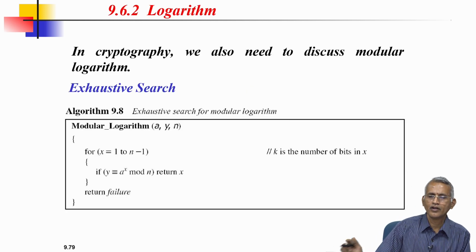In cryptography, we also need to discuss modulus algorithms. So, the exhaustive search is the modular algorithm: for x from 1 to n minus 1, y equal to a power x under modulo n, return x, otherwise fail, and then go ahead.